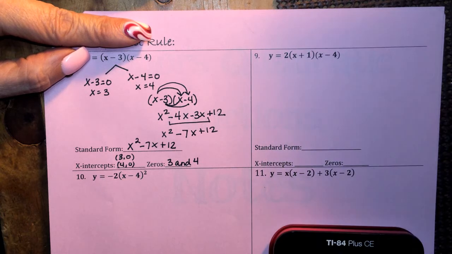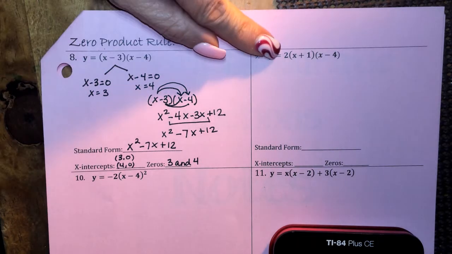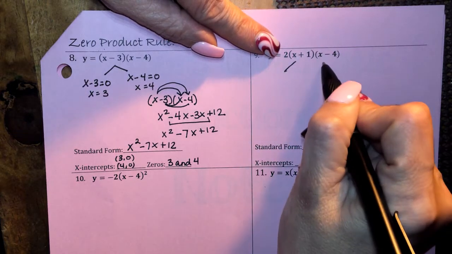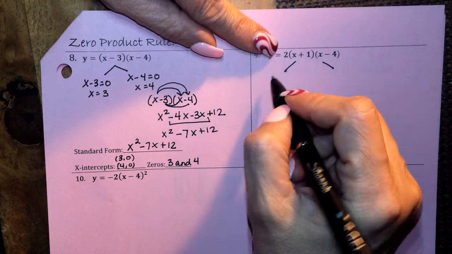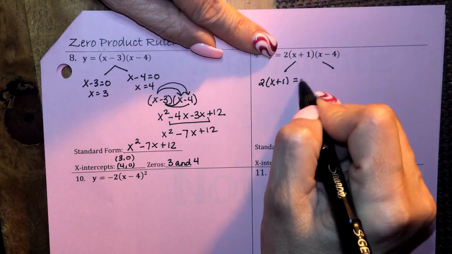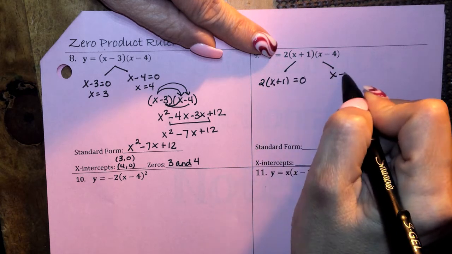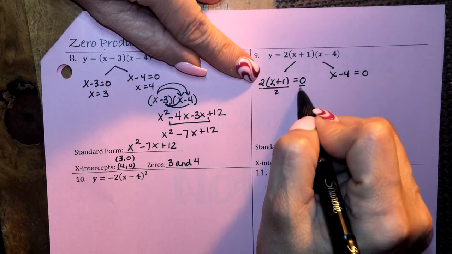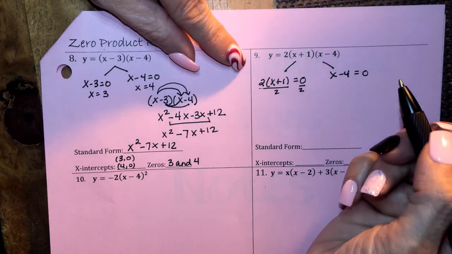All right, I'm going to let you do the other one. And you're going to be like, wait, what about that 2? Well, remember the 2 is not really going to matter, because you're going to set each of these equal to 0. If I did 2x plus 1 equals 0, and then x minus 4 equals 0, you're going to divide both sides by 2, and that 2 is going to go away.